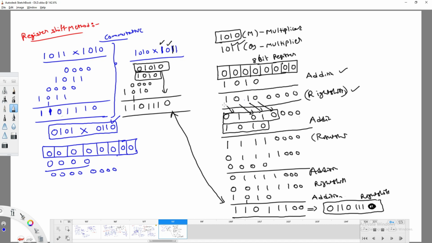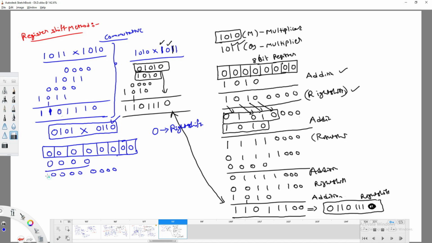Right? So observe, when you get simply 0 as one of the bits of the multiplier, you can simply perform a right shift. Is there any necessity to perform adding again and getting the result and then right shift? No, because it is equivalent to the same result.